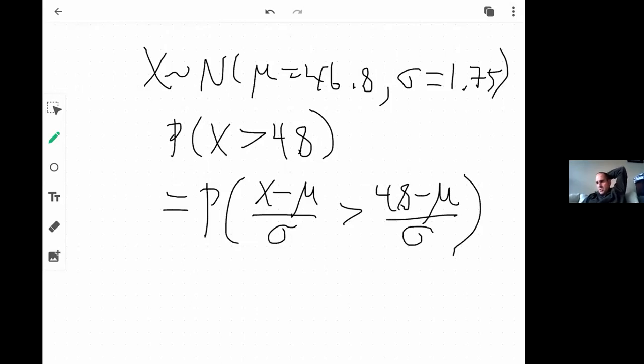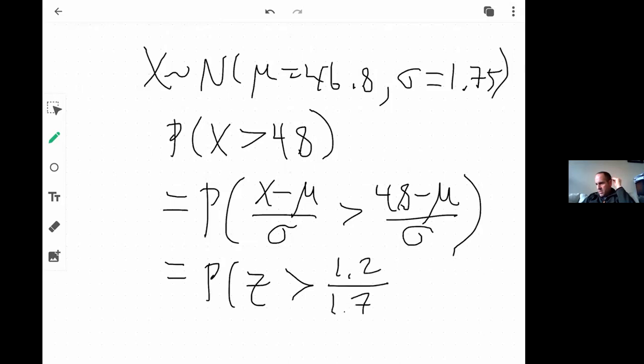So this would be the probability that z, because (x minus mu) over sigma is z, is greater than (48 minus 46.8), which is 1.2, divided by 1.75. I could compute it using either one; both would be perfectly acceptable.